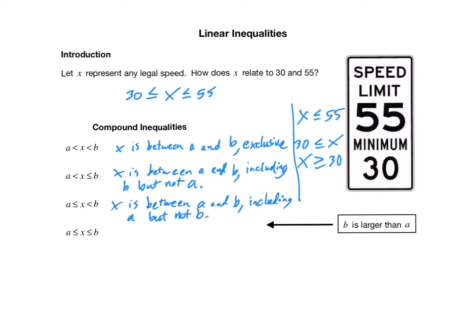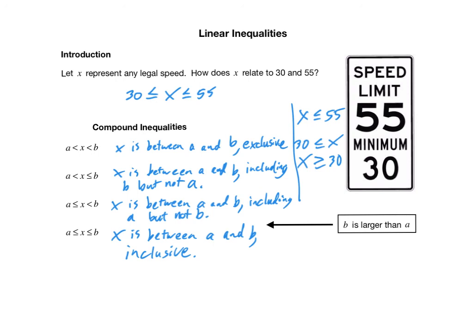And then the final possible scenario with compound inequalities is x is between a and b, and x can be both a and b. And the way we write that is this: x is between a and b, and now we use the word inclusive. Inclusive means we're including both the endpoints a and b.